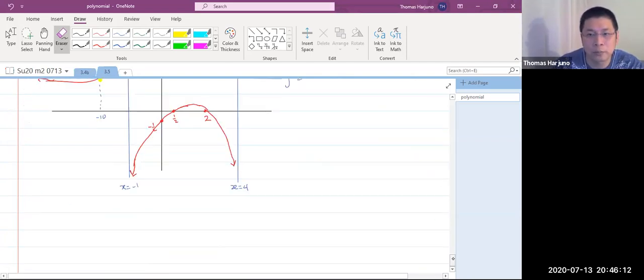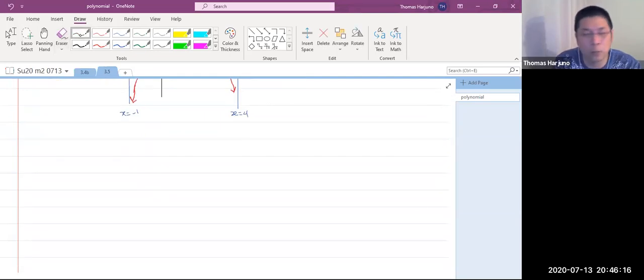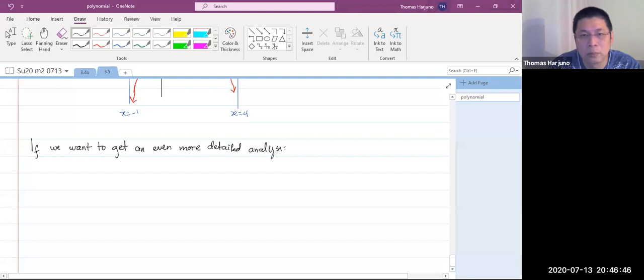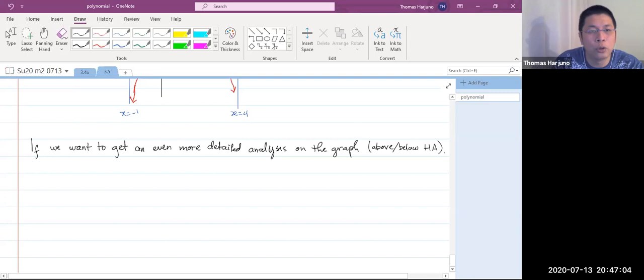So in the last couple minutes, if we want to get an even more detailed analysis of the graph, either it is above or below the horizontal asymptote, what you can do is the following.